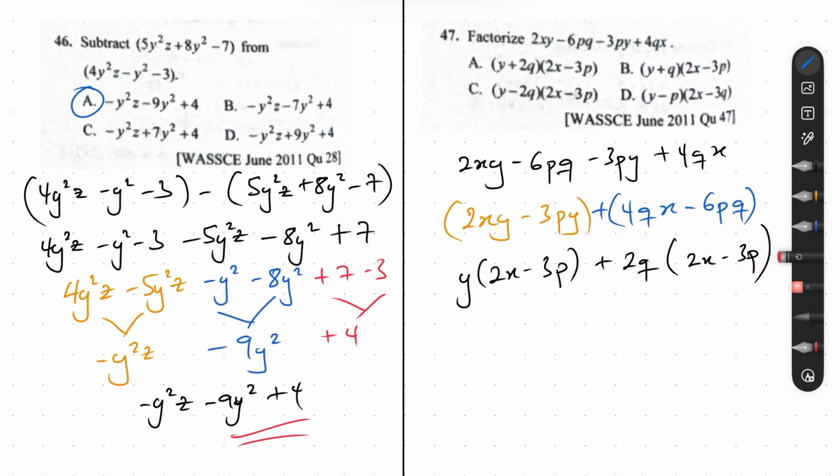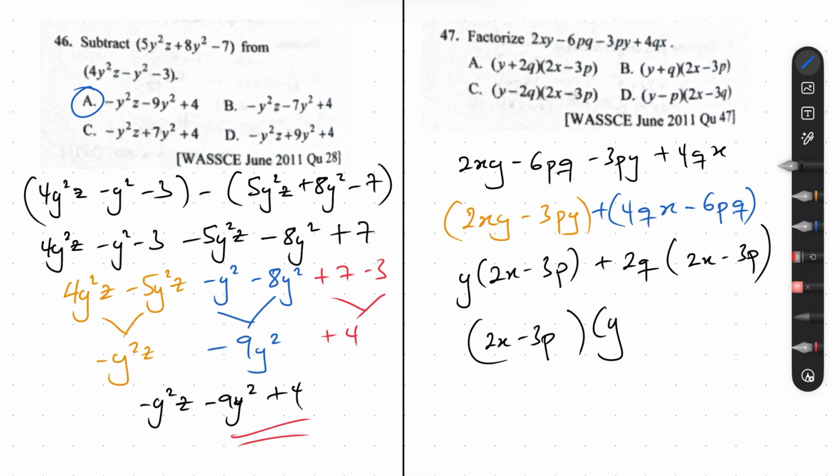Okay, so now these are 2 terms adding to each other. What is common between them is 2x minus 3p, so we can factor it out. If we factor this from here, we'll have plus 1, so y.